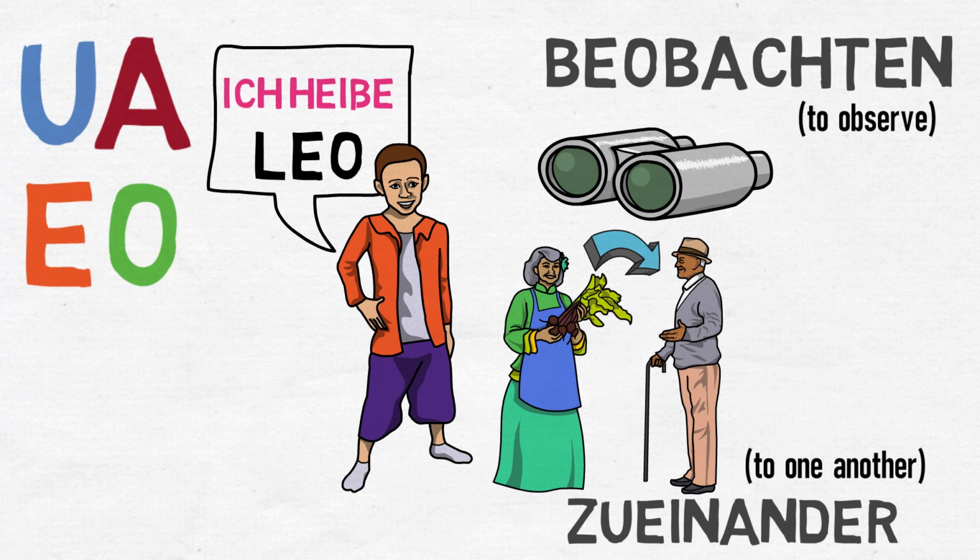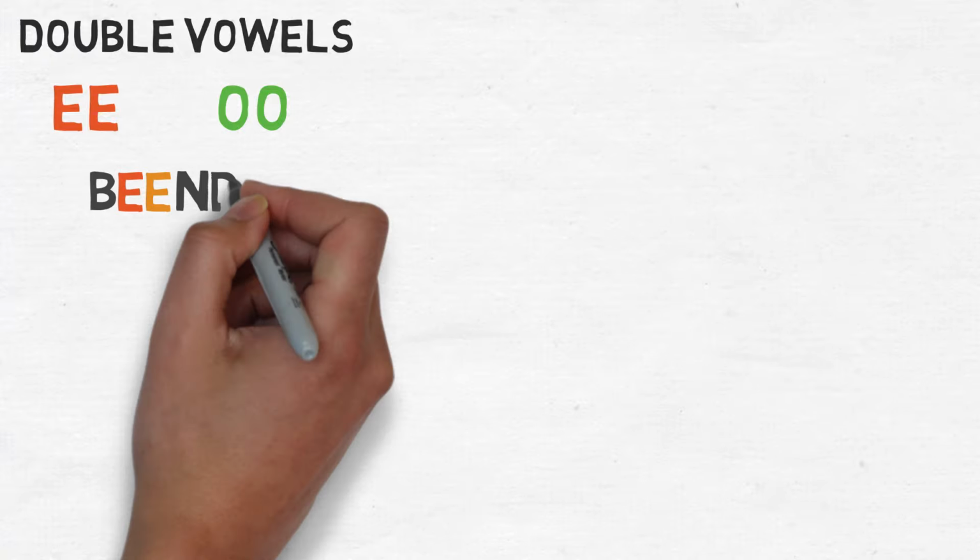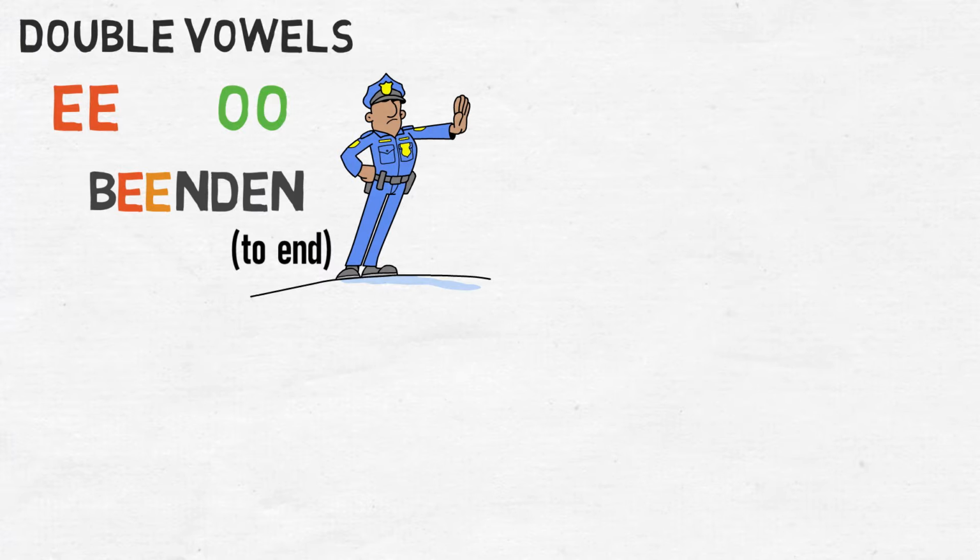Another vowel combination that confuses people is a double letter, for example a double E or a double O. As I mentioned before, often these vowel combinations, particularly double E, appear as a result of two parts of a word being put together. For example, beenden, to end. The verb enden exists, and the prefix be usually implies that the verb is being done to something else.